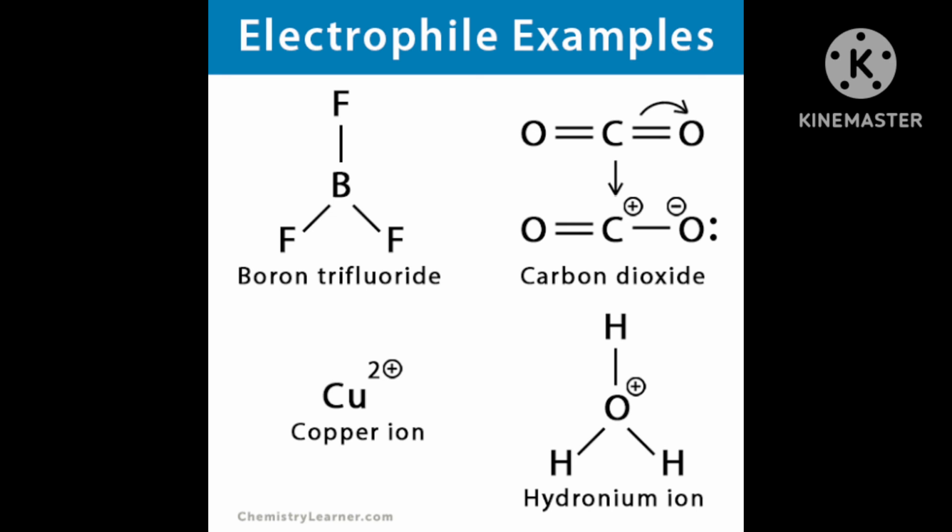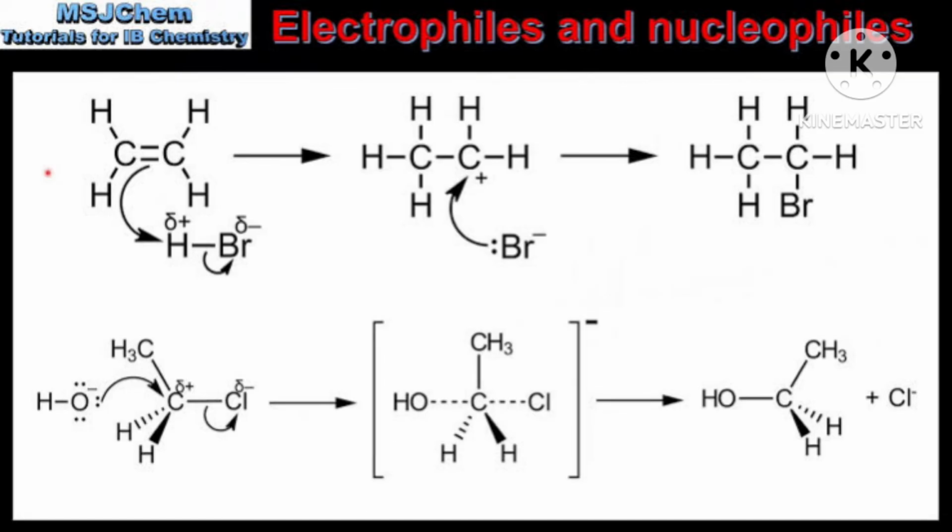Here I am giving an example: chloroethane, two carbons and a chlorine attached. Chloroethane, CH3CH2Cl, in which the C-Cl bond, carbon and chlorine bond, is a polar covalent bond. It is polarized in such a way that the first carbon gains some positive charge, delta plus, and chlorine gets some negative charge, delta minus.